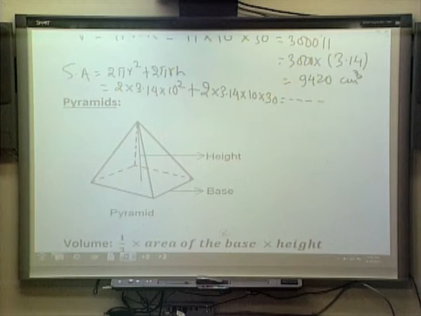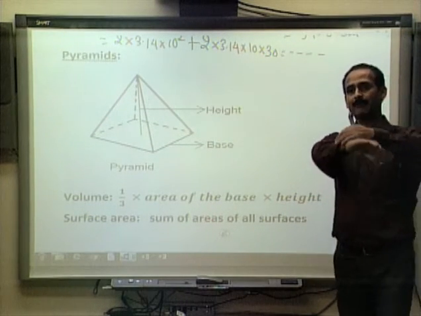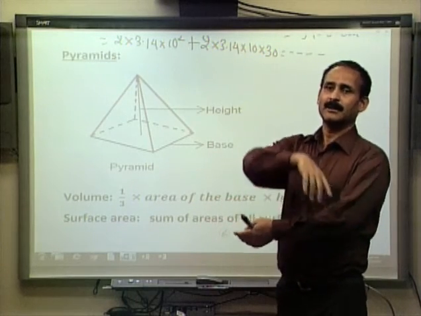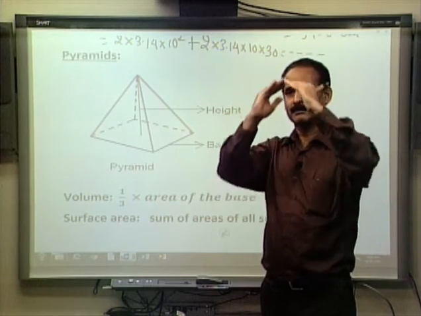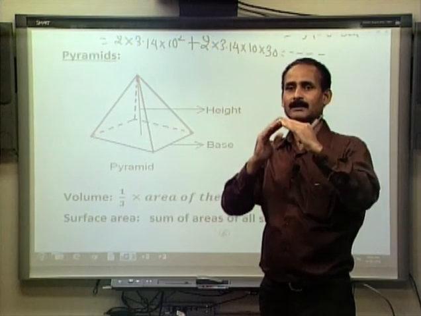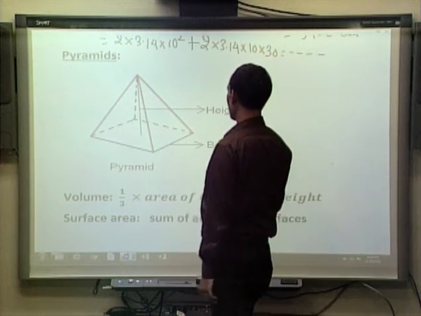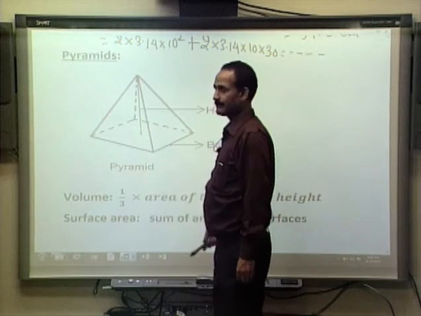Let us think of a pyramid. As we already know, a pyramid could have any polygon as a base and the lateral sides are triangles. So basically, if we have a pyramid, we will have a base and we will have a vertex.